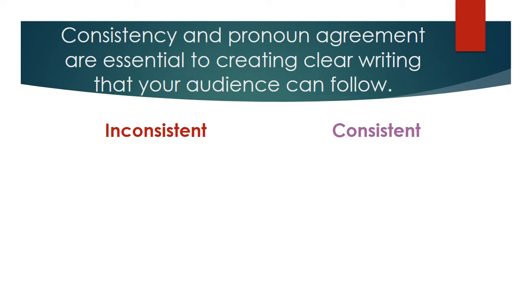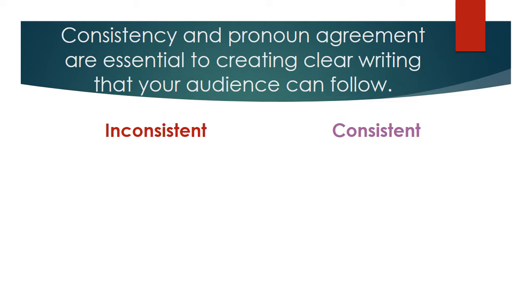And even when speaking, we should be trying to make things consistent. By consistency, I mean that we want our pronouns to agree. In that case, it will create clear writing. It'll allow for fewer questions about the meaning of your writing, and your audience will be able to follow things more easily. So we'll look at two examples.